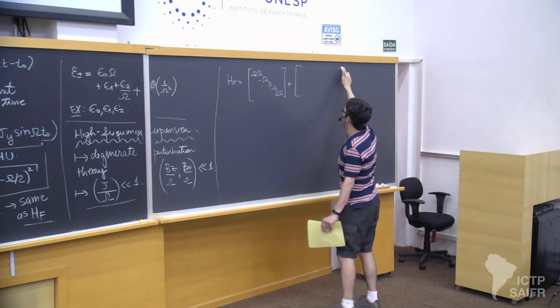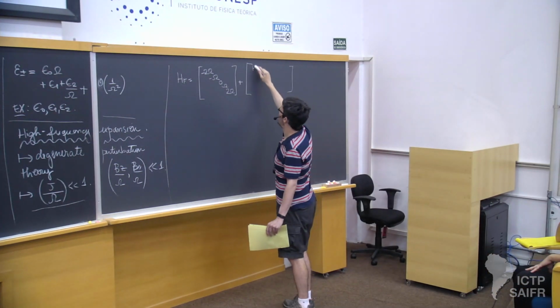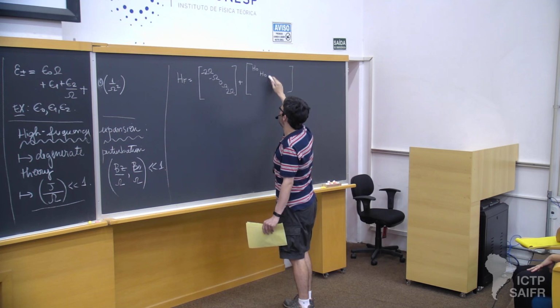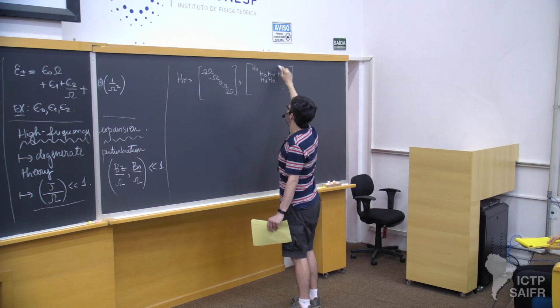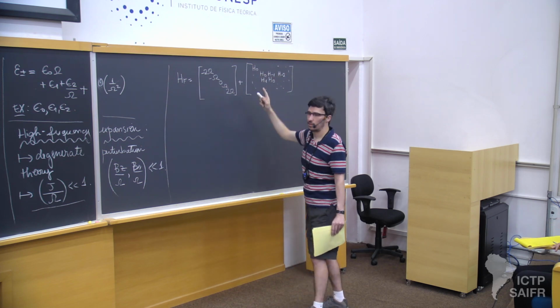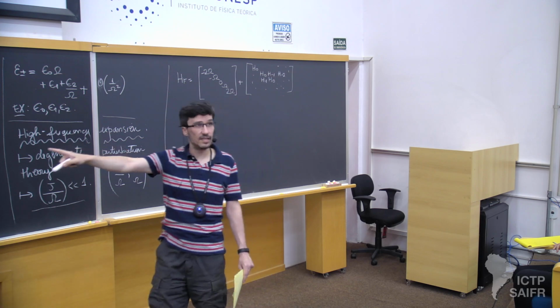Everything else is huge. It's going to be the H0, H0, H0, and so on, and the H minus 1, H1, H minus 2, and you populate this entire matrix with everything that is left.